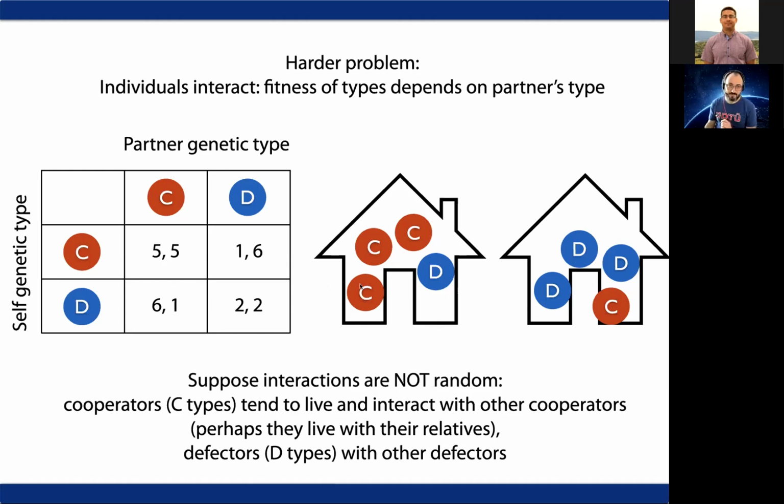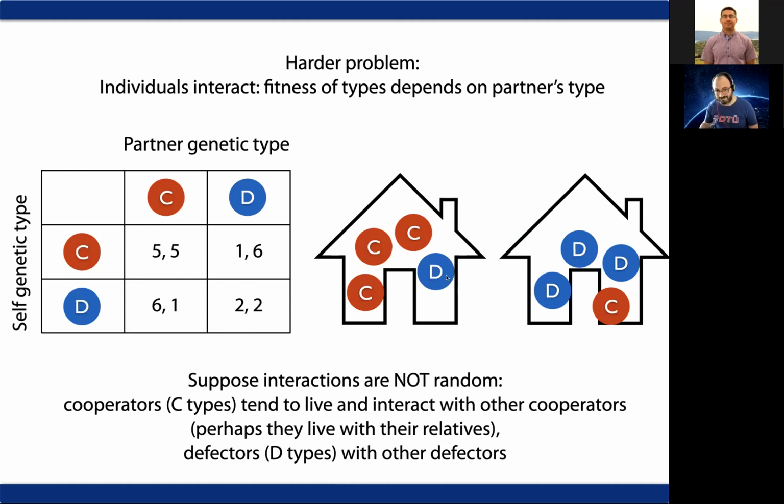So the cooperators in this population tend to live with other cooperators, and defectors tend to live with other defectors. If you're a cooperator and you're interacting with someone at random from your house, then with probability 2/3 in this house you're going to interact with a cooperator, and with probability 1 you're going to interact with a defector if you're in this house.